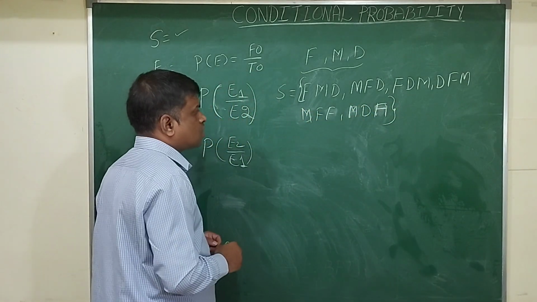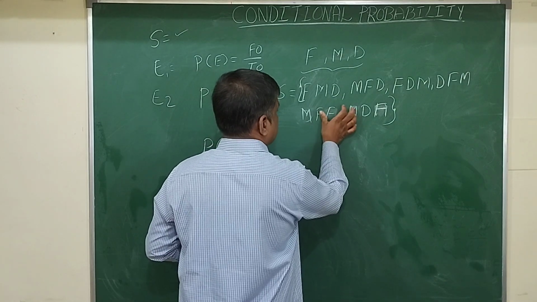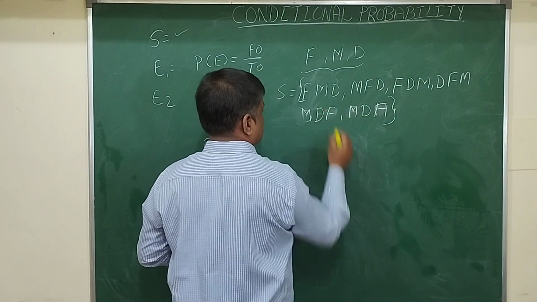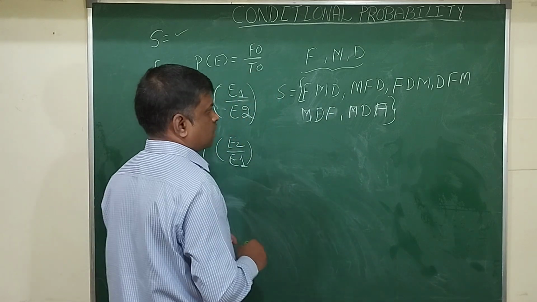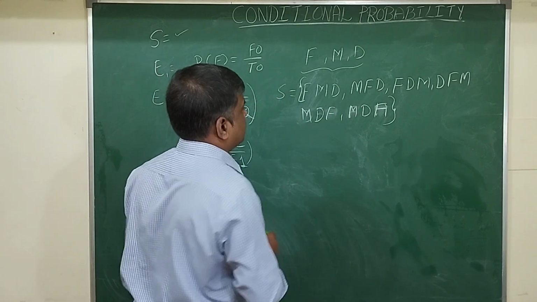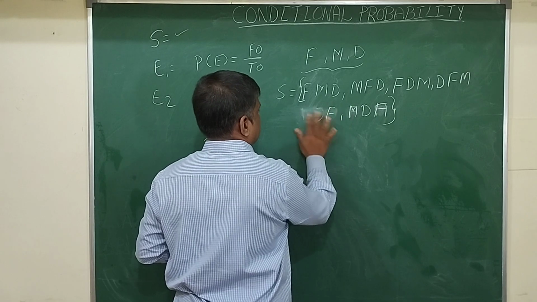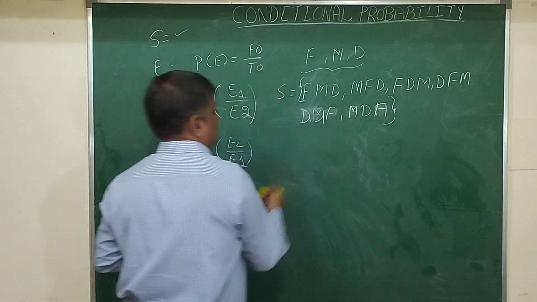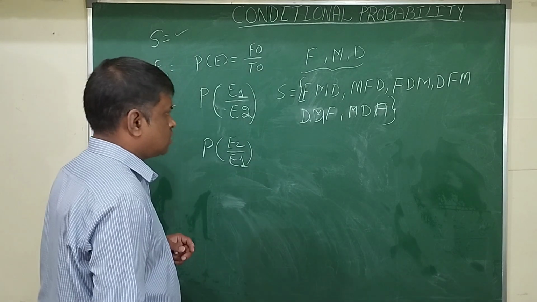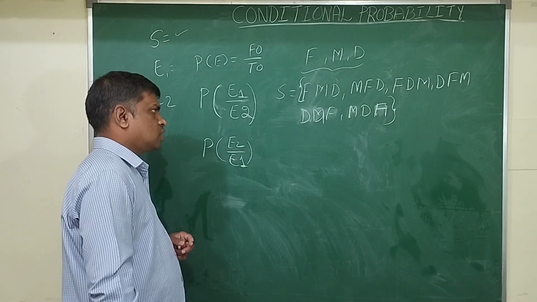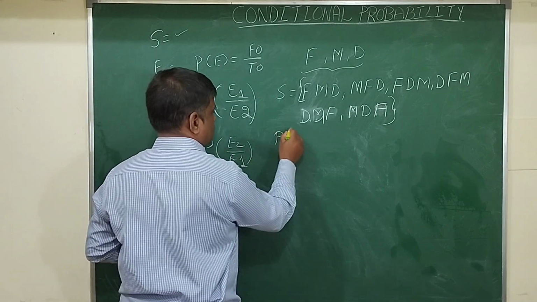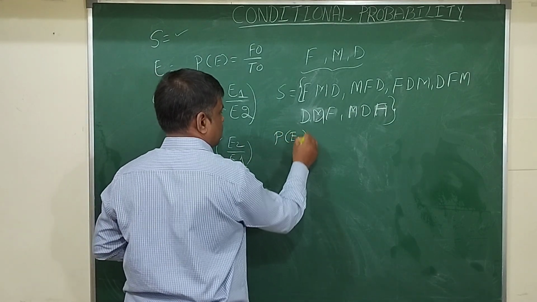MDF. Then DMF. This is DMF, correct. Now it looks correct. There are 6 possibilities.